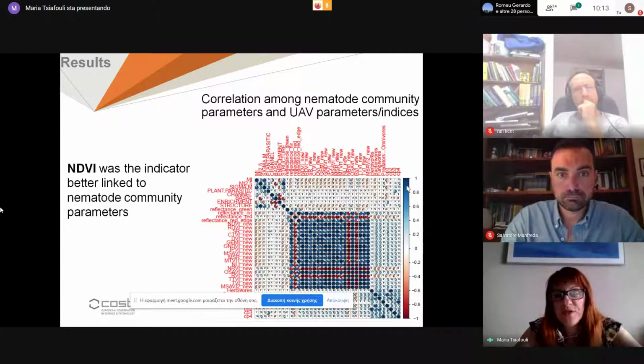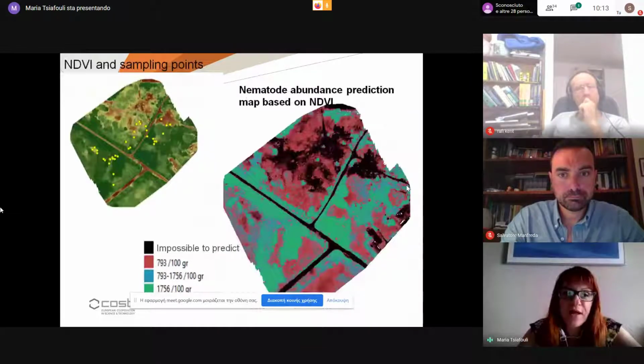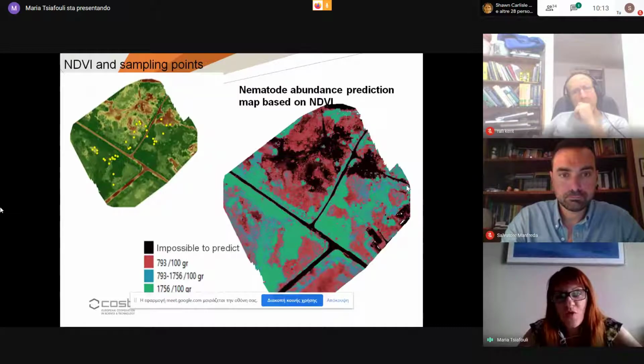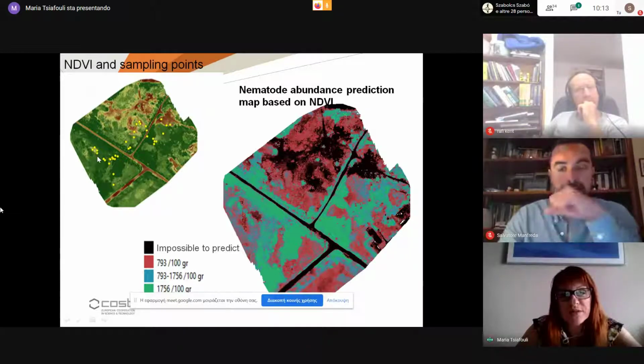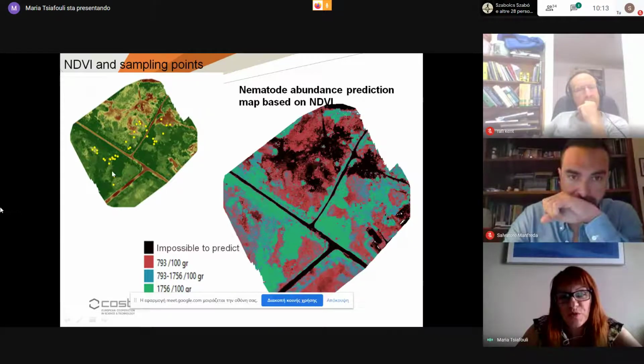So based on these correlations and on the ranges of values, we made a map of nematode abundances. On the left, you can see the map of the NDVI, and with the yellow, you can see all the sampling spots where we actually took the soil samples.